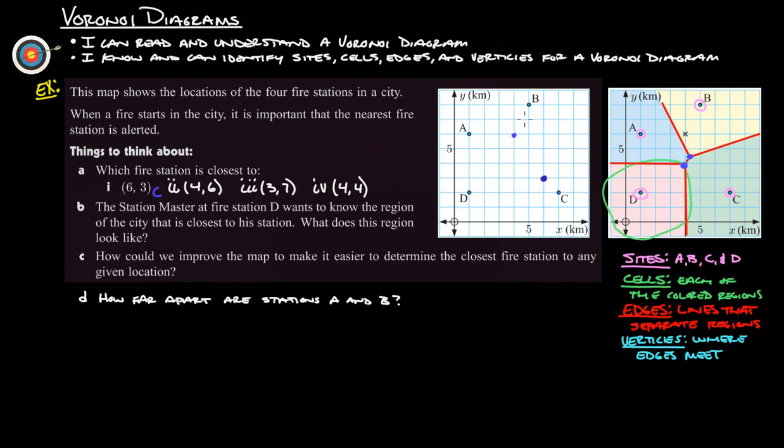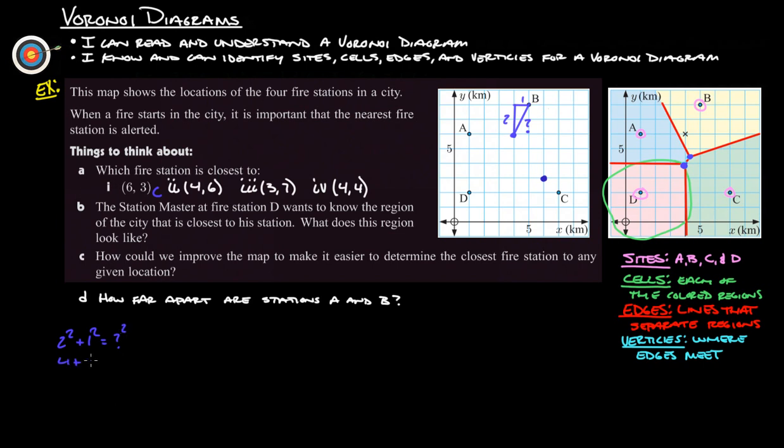So if you think about this, this is a nice little right triangle, right? And we're trying to figure out what this distance is right here. So that's going to be 2, and that's 1. So the distance from 4, 6 to B is, let's do it down here: 2 squared plus 1 squared gives us question mark squared.